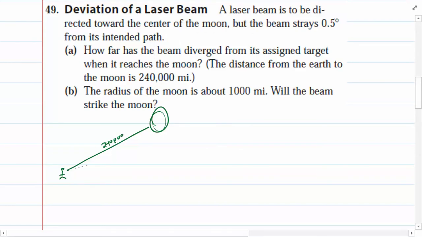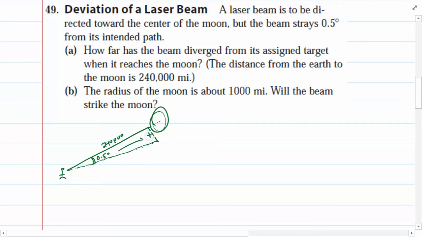So I'm going to show that over here. I'm going to create a right triangle this way. So this angle measure that I deviated from my path was 0.5 degrees. We can discover this x value here. That would represent how far I've missed my target when I'm aiming 240,000 miles away.